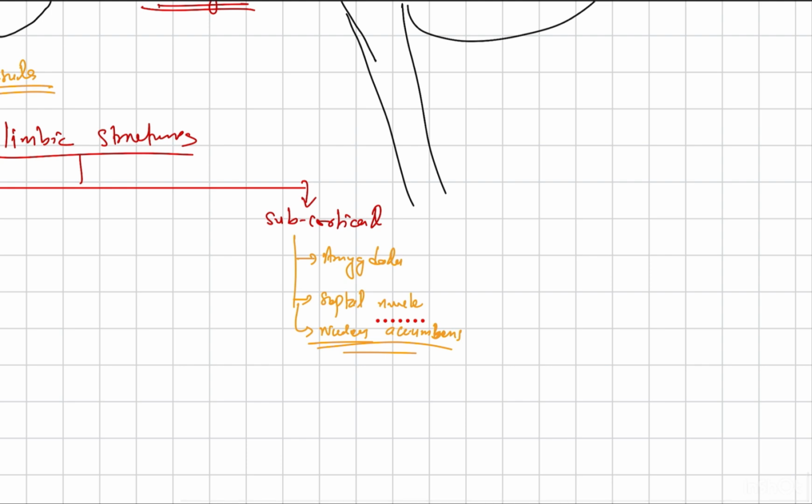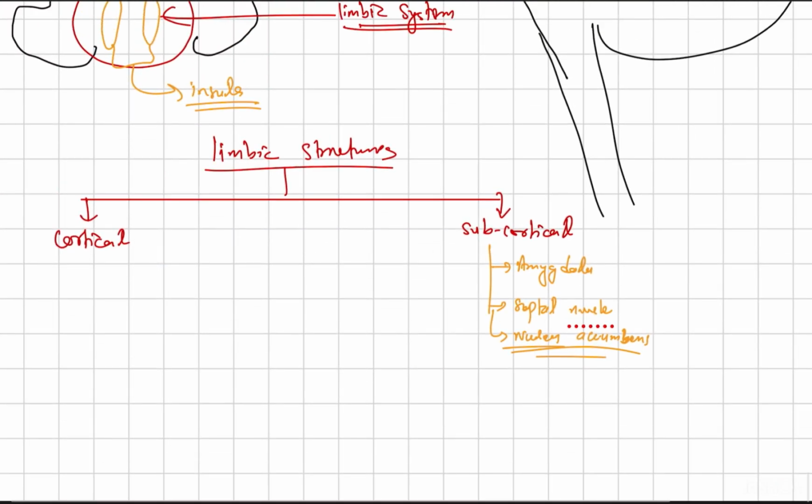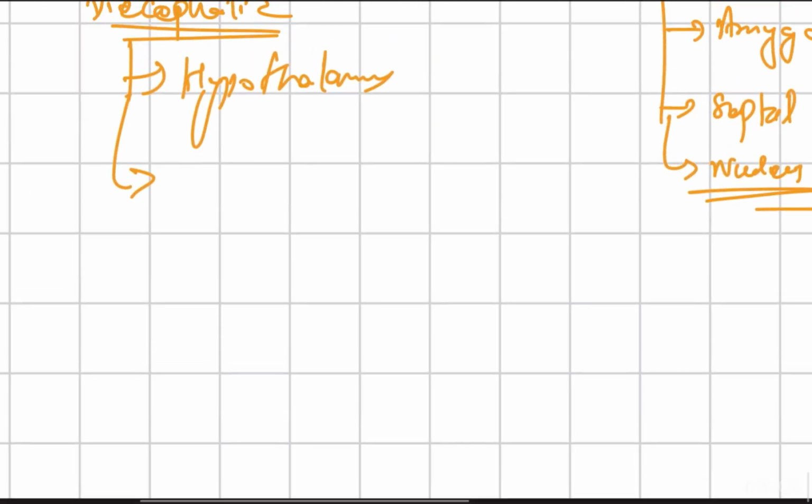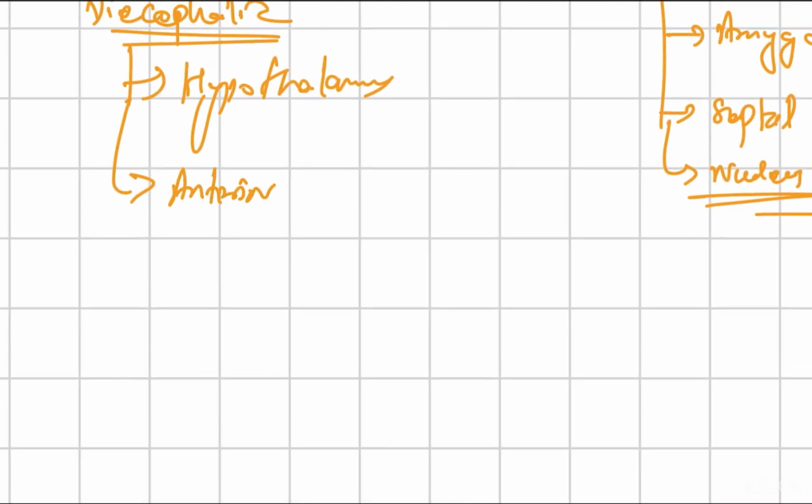Then another one, there is also the diencephalic structure. The diencephalic structures are the hypothalamus and the anterior and dorsomedial nuclei of the thalamus, which are associated with the limbic system.